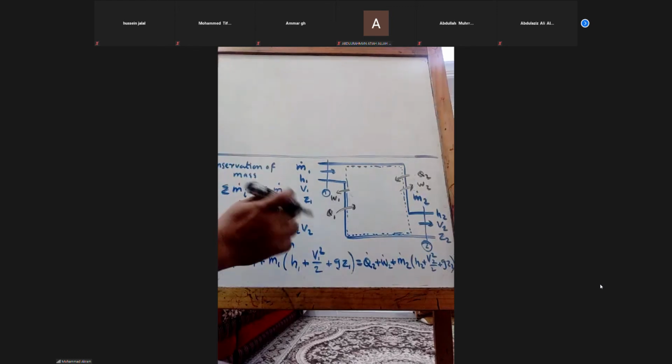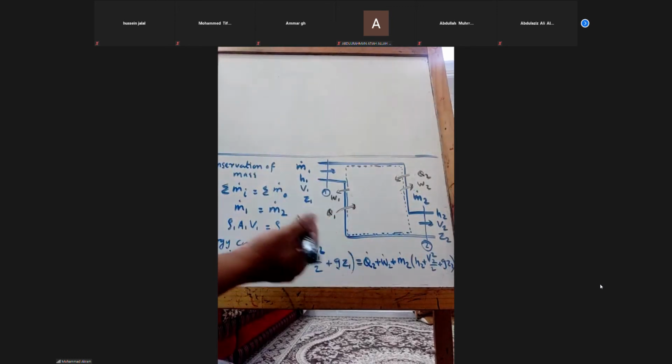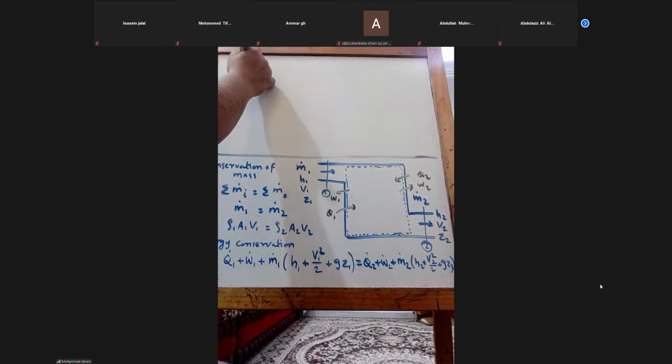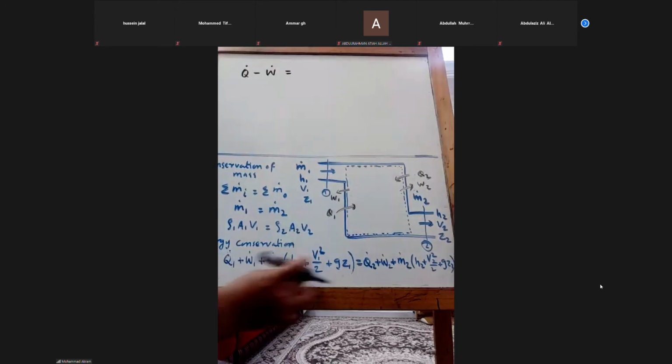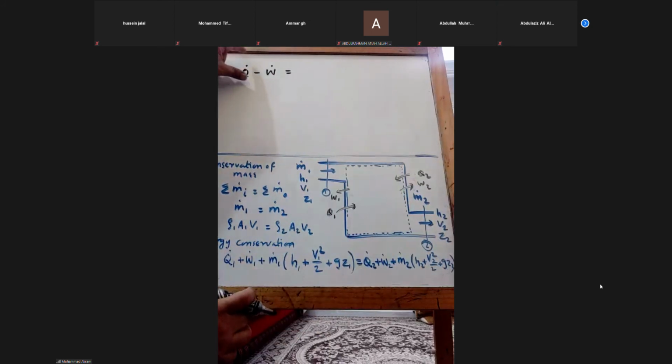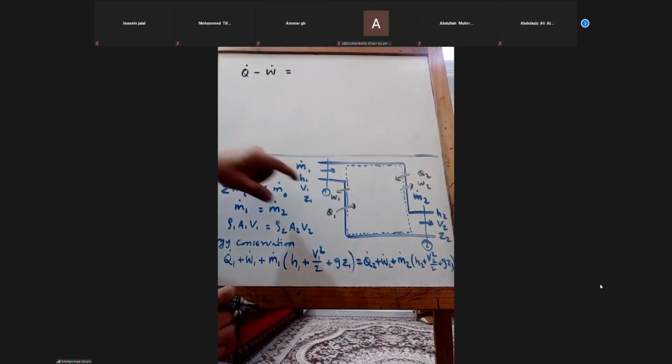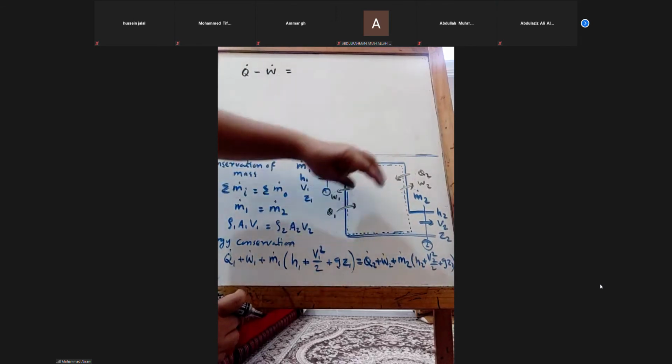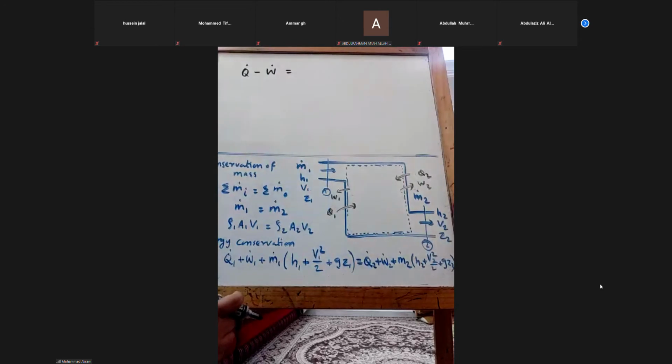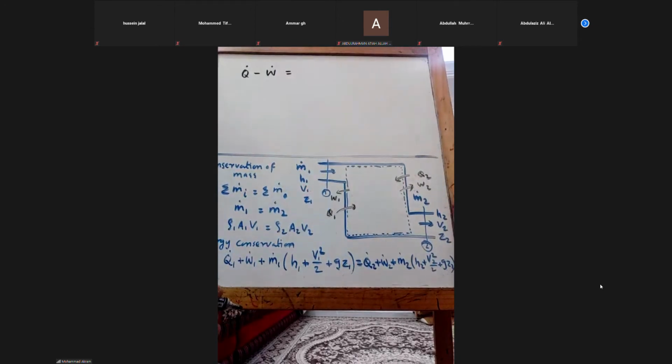Without giving the number, in general we can write Q dot minus W dot, because this heat and work is not just at the inlet but at any boundary, considering all boundaries.